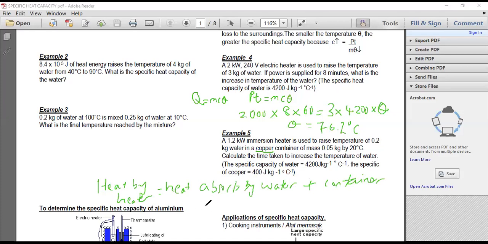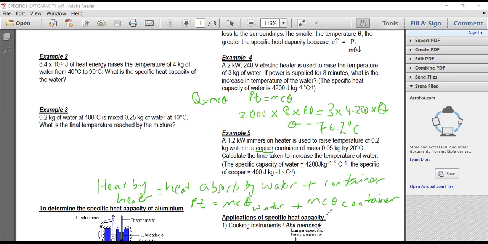So heat by heater is PT, which equals MC theta for water, plus MC theta of container. You have to consider both.